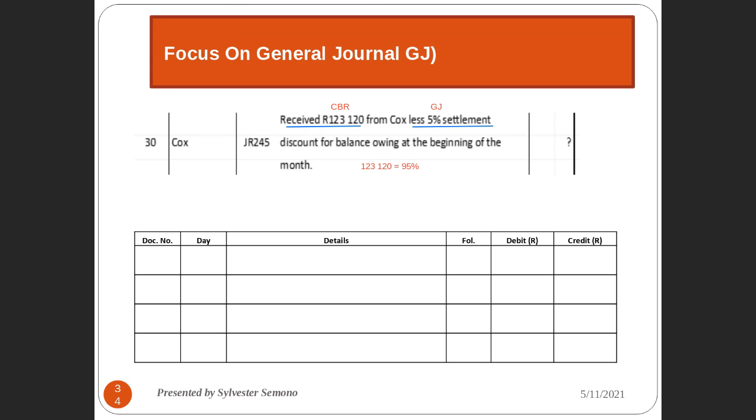You understand me so far? So 123 is equivalent to 95%. Let me see if you agree with me. Please write yes. No problem. So this means that the way you calculated, ladies and gentlemen, is incorrect. Because the amount owed at the beginning was not 123, 120. Already they deducted 5%. Are we together?